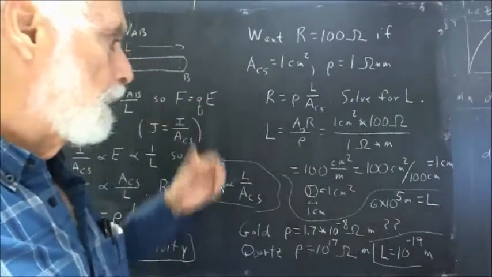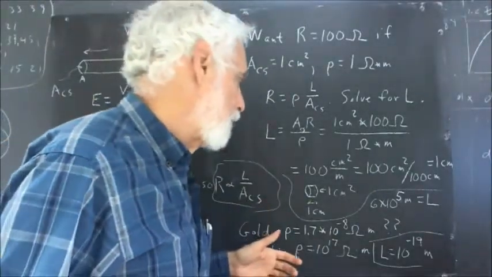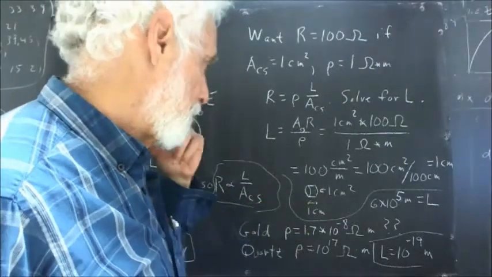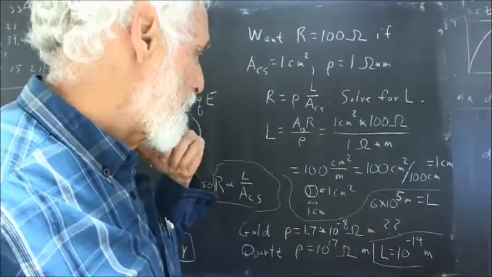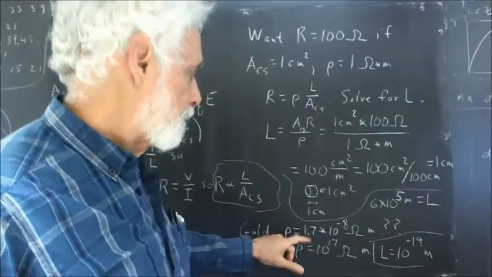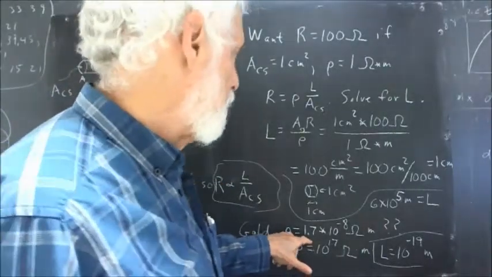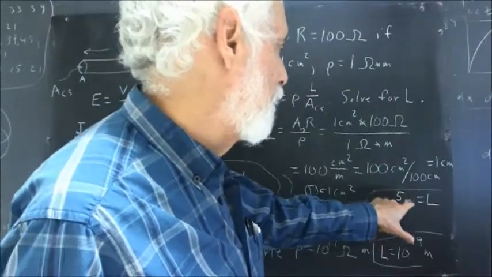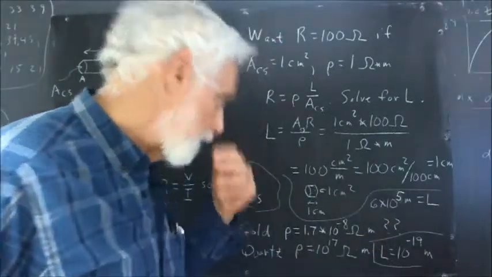Okay, so we're going to get a length that's on the order of 10 to the 8th times 1 centimeter. Now, we're also going to be dividing by the 1.7. That's going to give us something like a 6 times 10 to the 5th meters. Okay, and that fits.